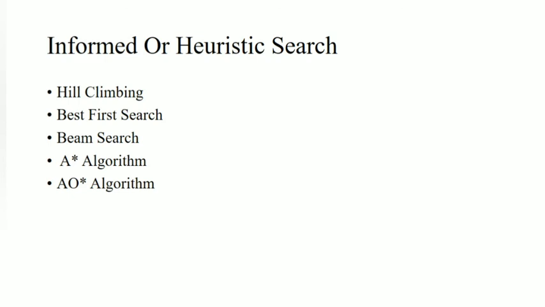That is why we say it doesn't give an optimal solution like uninformed search. Then there are the beam search algorithm, the A star algorithm and the AO star algorithm. These are the main heuristic search algorithms that I would like to discuss. Let's see all these uninformed as well as informed searches in the next video.